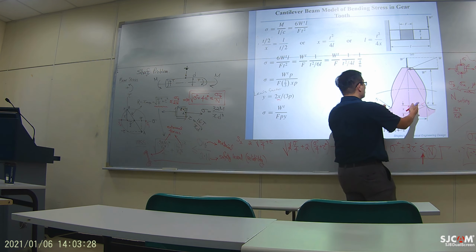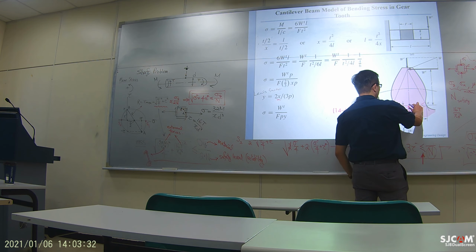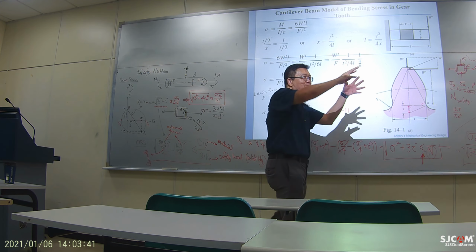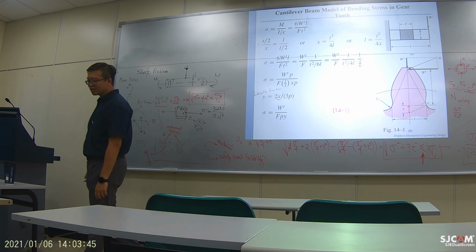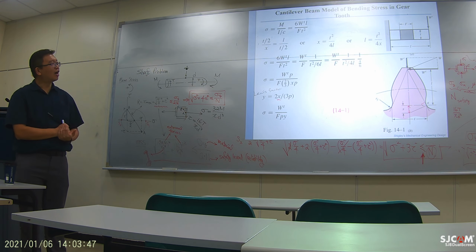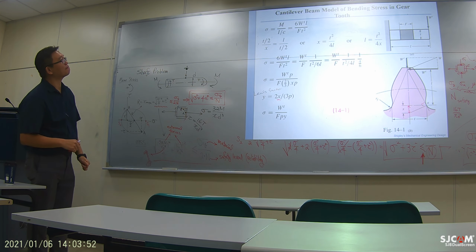When the tooth is wider, this angle changes a little bit, so this particular x length may be shorter or longer, depending on the shape of the tooth. So it's a parameter that represents how the tooth looks.